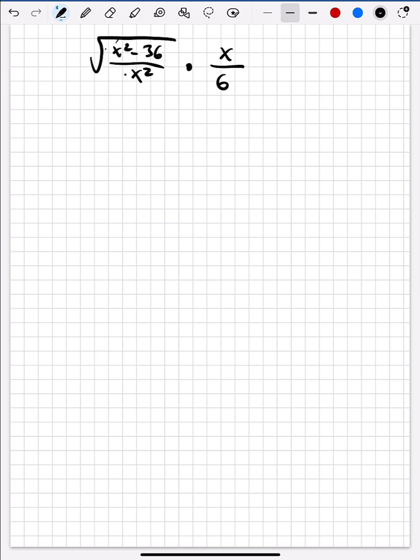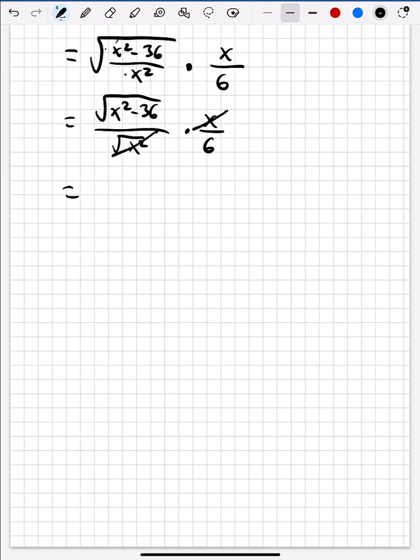So I can really say that I have the square root of x squared minus 36 over the square root of x squared, times x over 6. Well, the square root of x squared is x, and I do have an x here in the numerator that divides out to 1. So those go away.